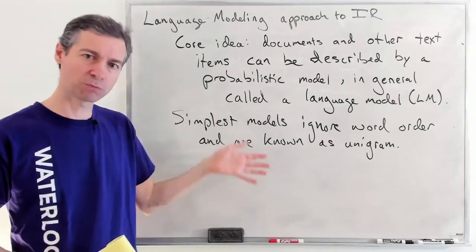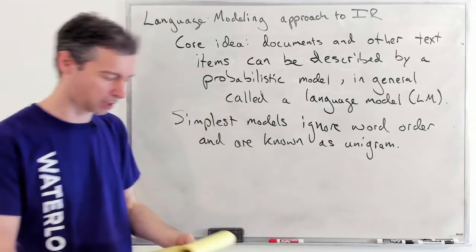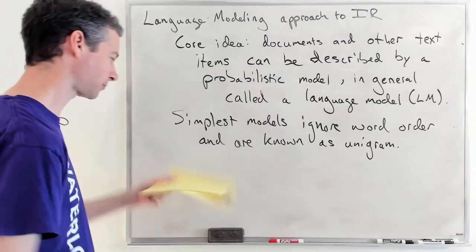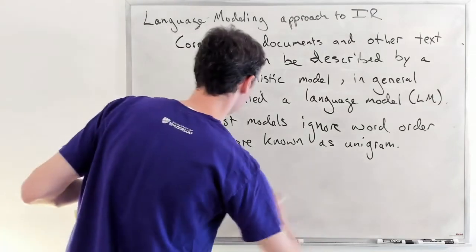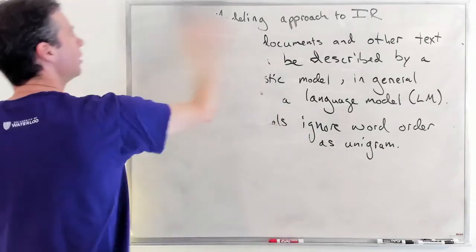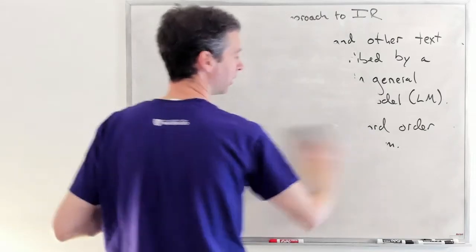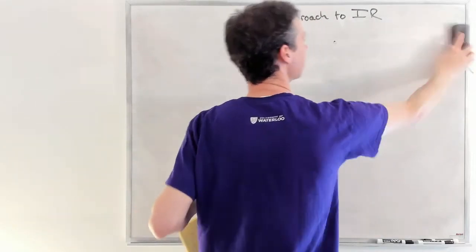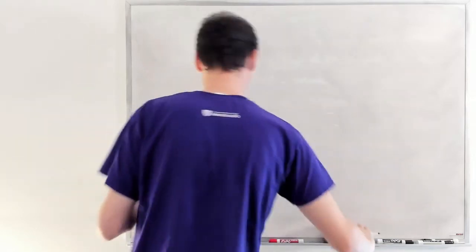These are the simplest models that we can make. Now, for these simple models, they're simple, but they do end up resulting in good retrieval performance.